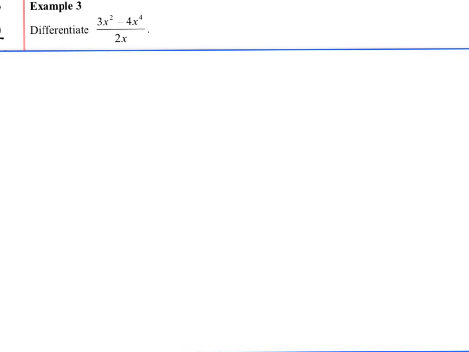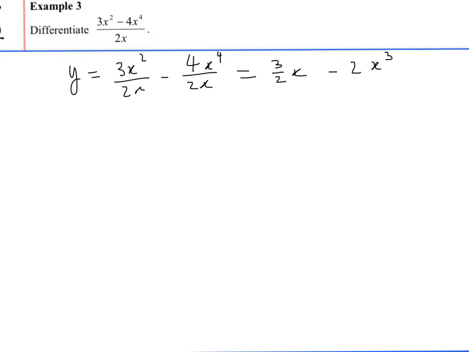Okay, let's have a go at this question here. Now again, to differentiate this, what we need to do is put it in standard index form. So let's write down y equals 3x squared take away 2x take away 4x over 4 divided by 2x. So the x's cancel, so we get 3 over 2 x, 2 take away 1 is just 1, 4 over 2 is x, and then we get x cubed.